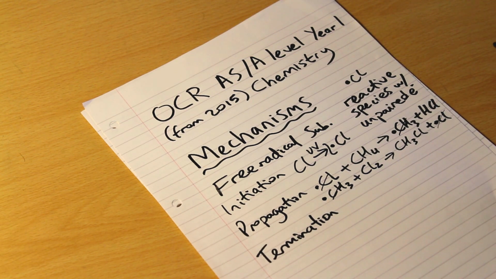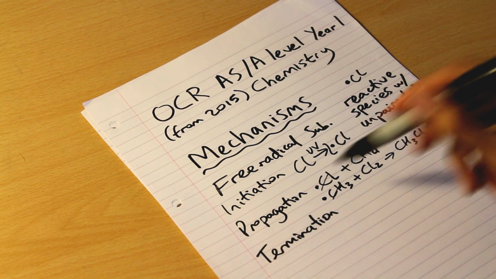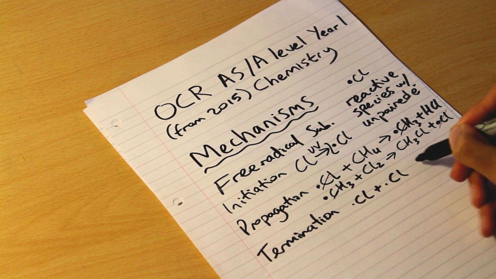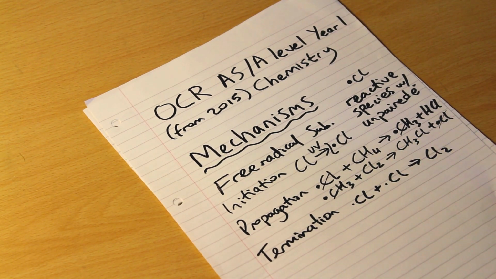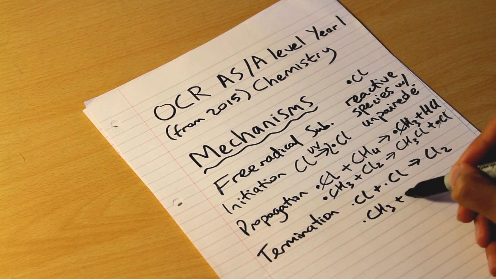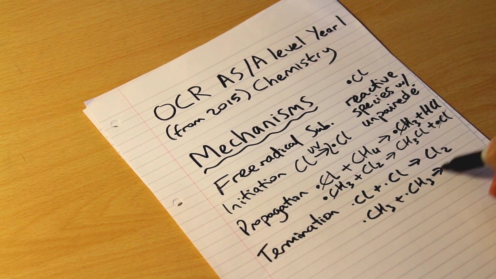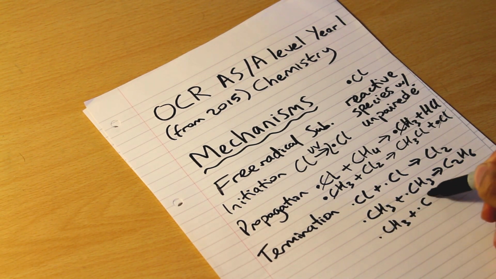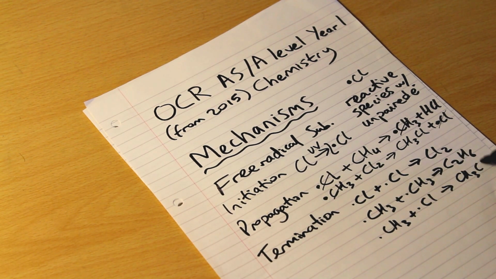Then the termination steps, they can be anything, any combinations of 2 free radicals. For example, chlorine plus chlorine free radicals goes to a chlorine molecule, or it can be a methyl plus a methyl goes to ethane, or it can even be similar to the second propagation step, where this occurs and chloromethane is formed.